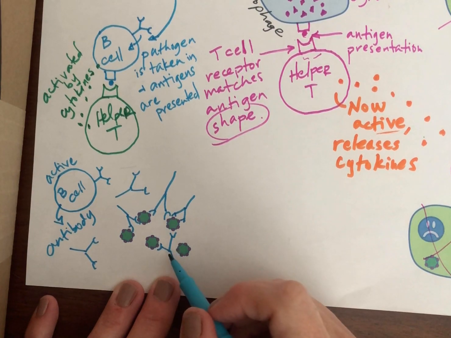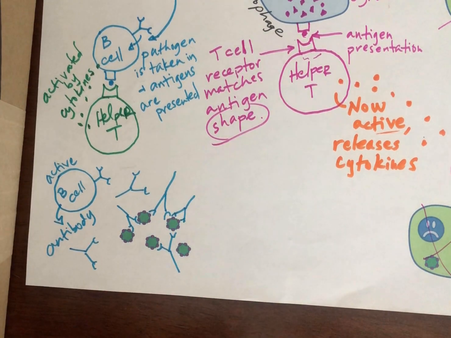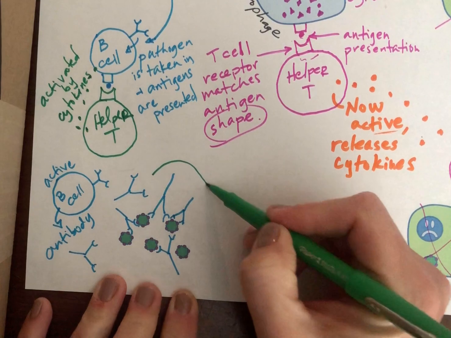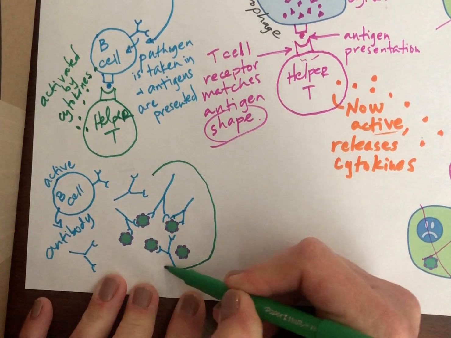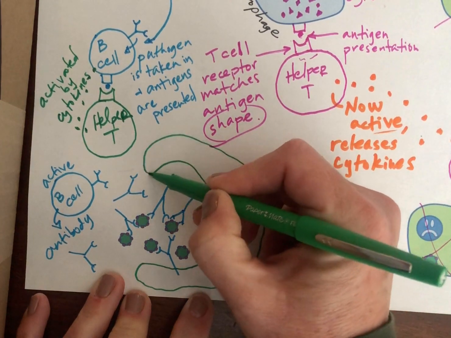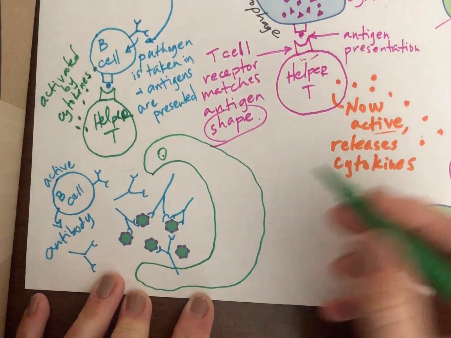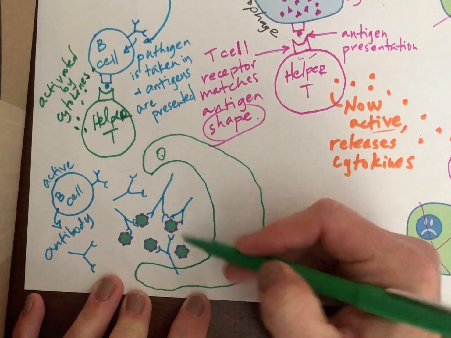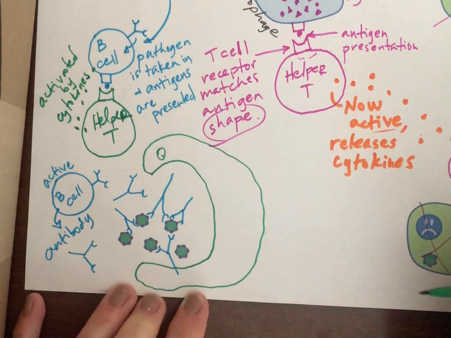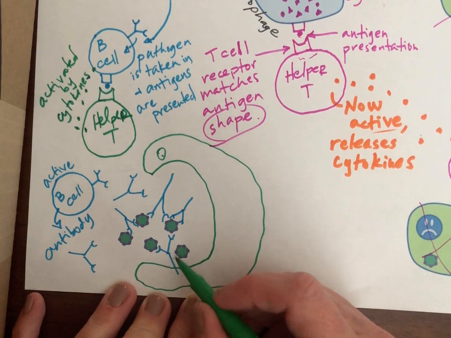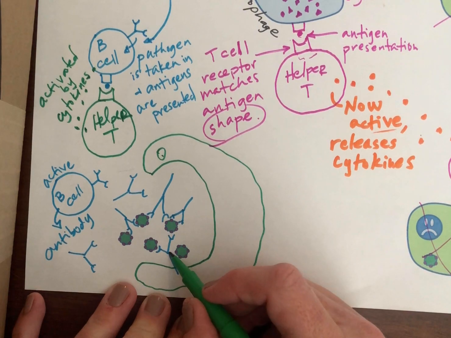And the clumping of pathogens allows another cell to come in and gobble these up. This is a macrophage, and it's going to phagocytize or gobble up these free pathogens that have been targeted, they've been marked or flagged by the antibodies.